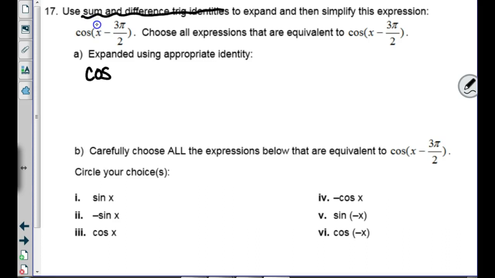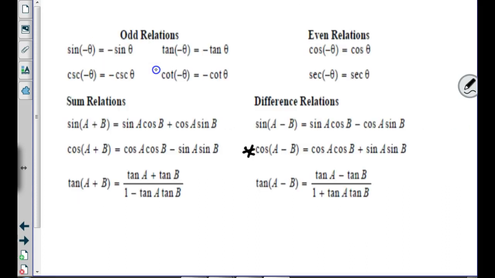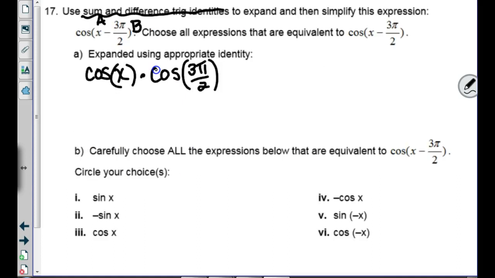Is everybody okay with that, or do you need me to write it out with the A's and B's? This would be A and this would be B. So it's cosine of A times cosine of B, right? And then it was plus sine of A, sine of B.